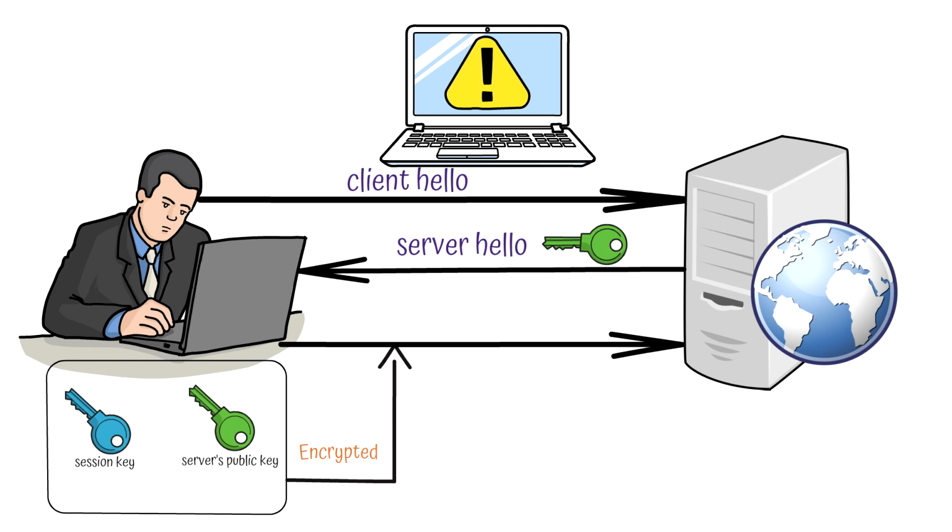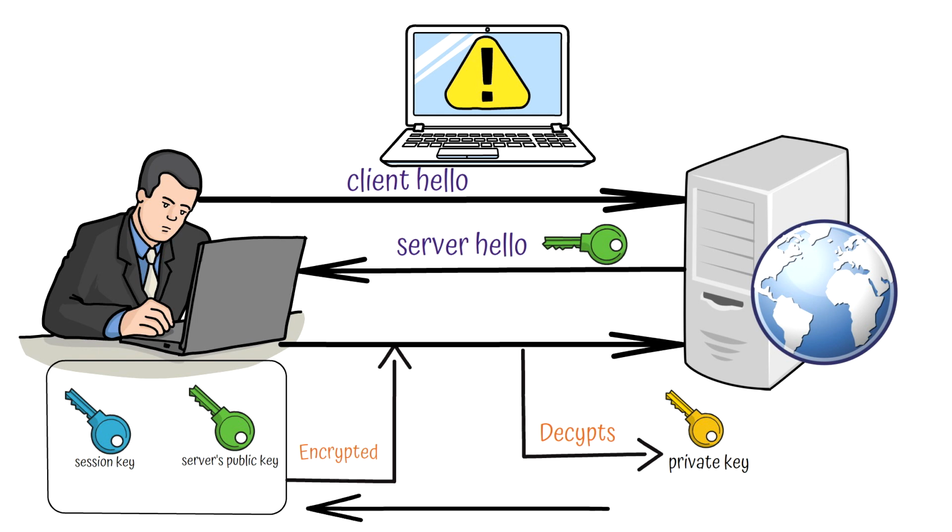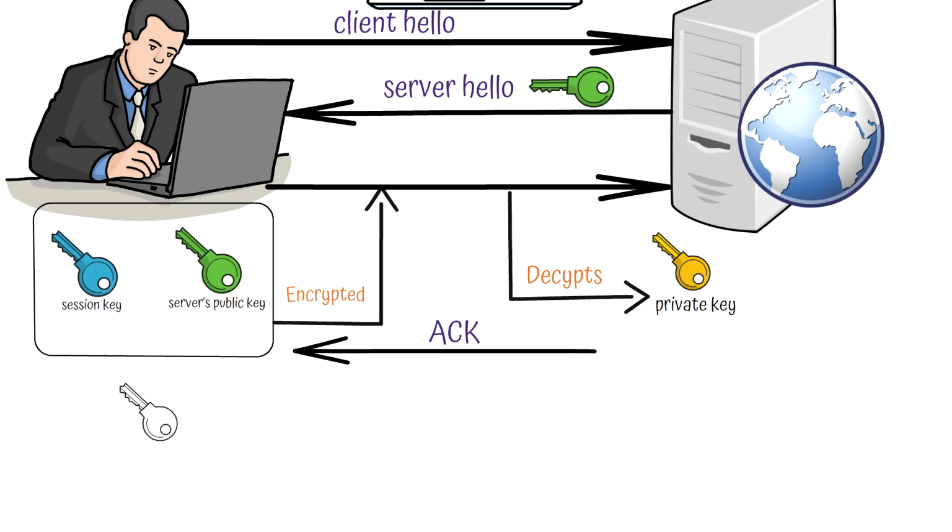If the server has requested client authentication, then the client sends its own certificate to the server. The server decrypts the session key with its private key and sends the acknowledgement to the client encrypted with the session key.